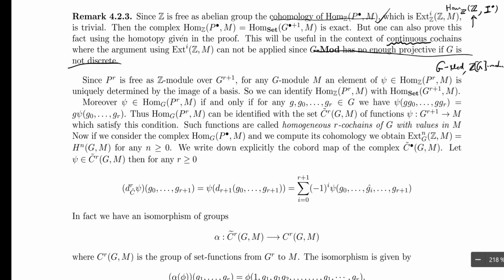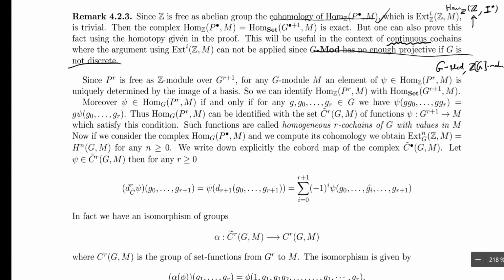Since P_R is free as a Z module over G^(R+1), for any G module M, an element of Hom as a Z linear map from P_R to M is uniquely determined by the image of a basis.